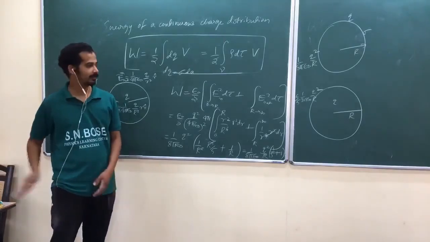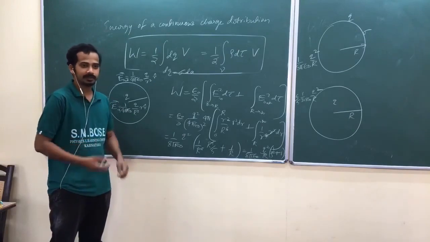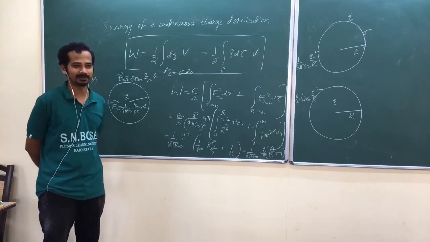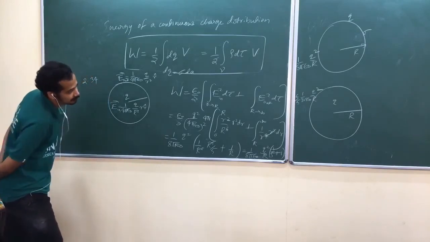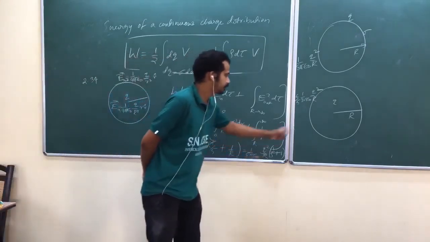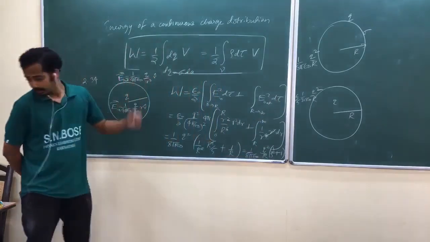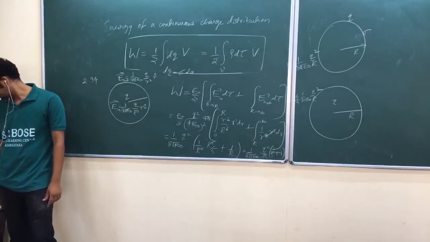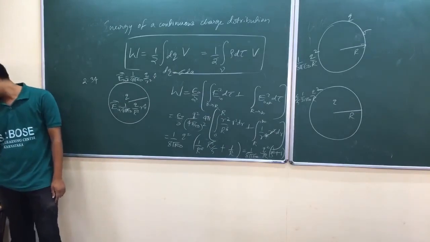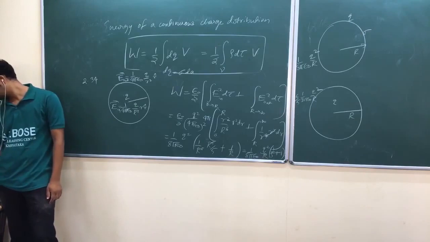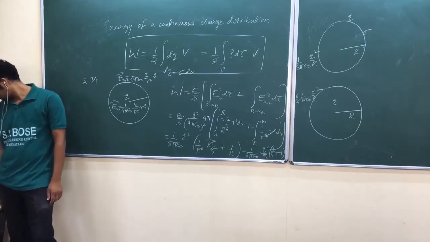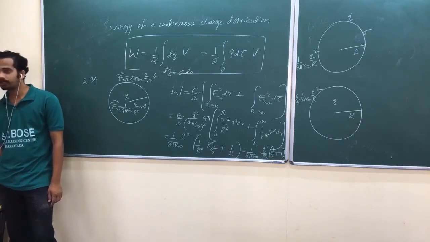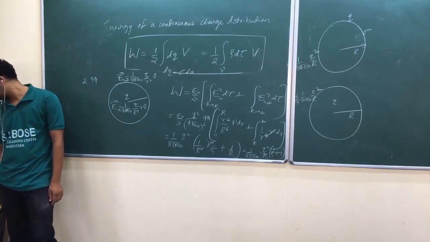There are many 5 marks questions that you can do like that, but you should not depend on it. Yeah, Q square, obviously. Energy. Now do problems 2.36 and 2.37.